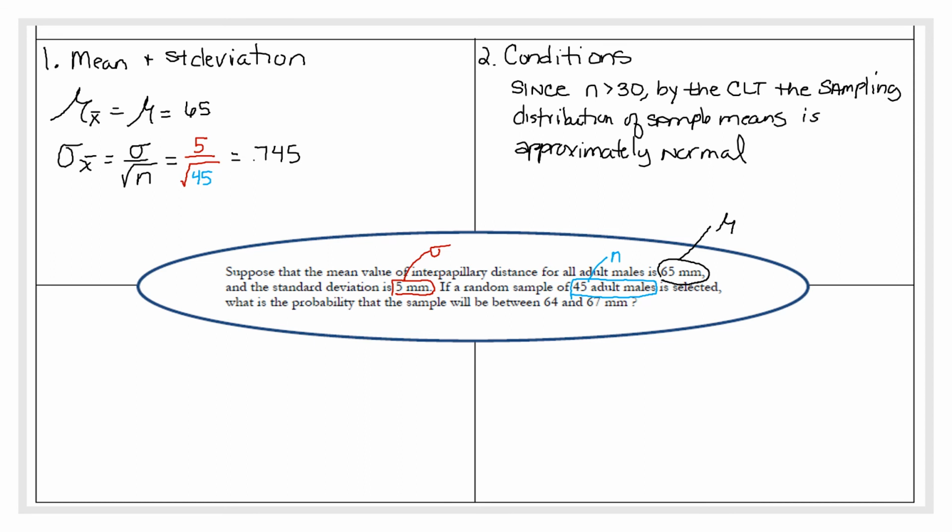Okay, so now we know that we have a normal curve. Now we can go down to number 3.